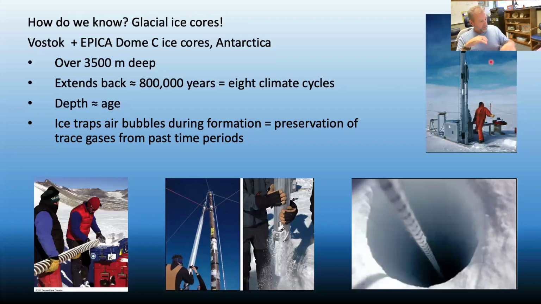So what you're seeing in these photos here are pictures of how they actually drill these cores. They get these long tubes of ice that can go hundreds or even thousands of meters down, to get down to where that snowpack dates back 800,000 years.